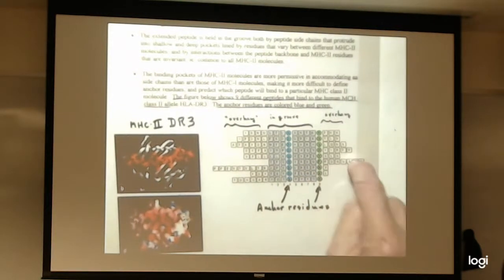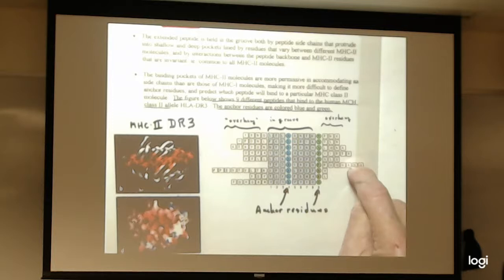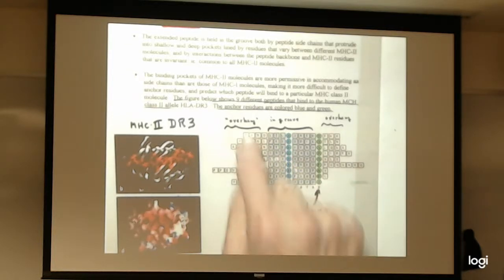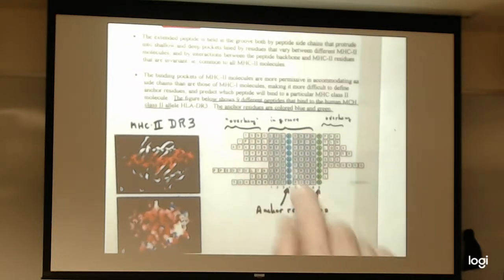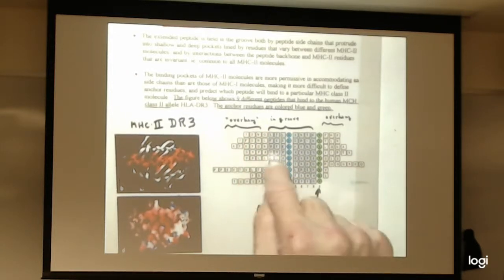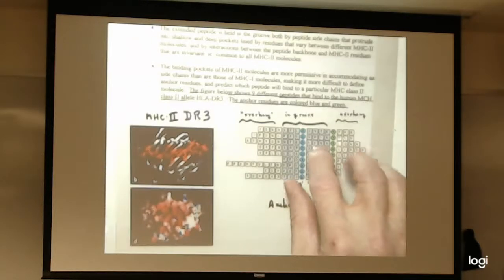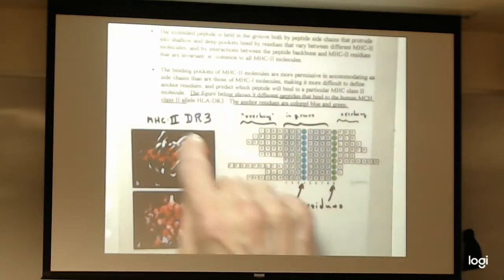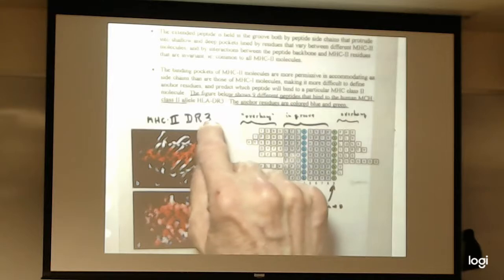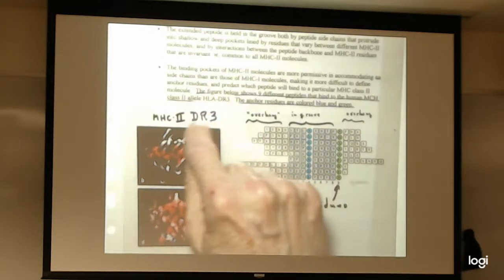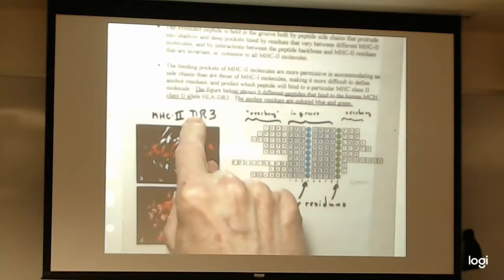Maybe it's all down the carboxy terminal end here, or mixed, or whatever you can see here. This is a whole bunch of different, 1, 2, 3, 4, 5, 6, 7, 8, 9, I guess 9 different peptides, all of which tightly bind the number 3 allele of the DR gene protein.